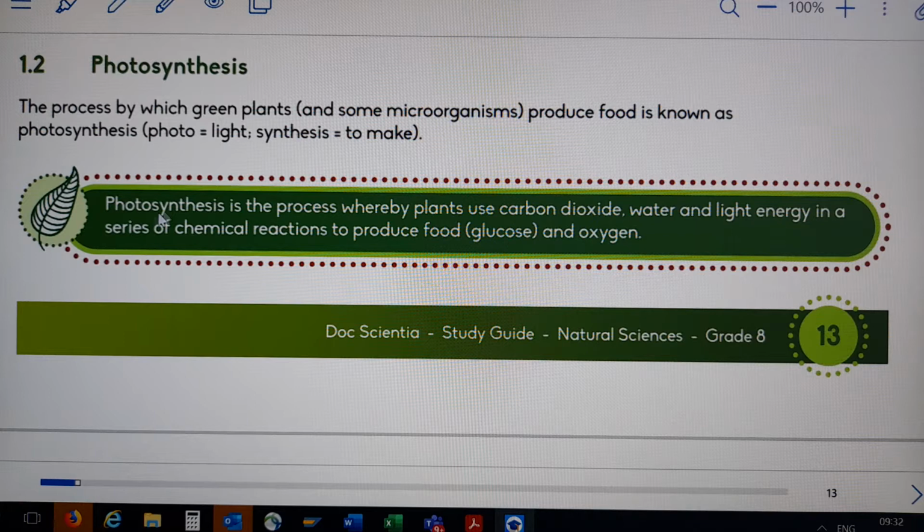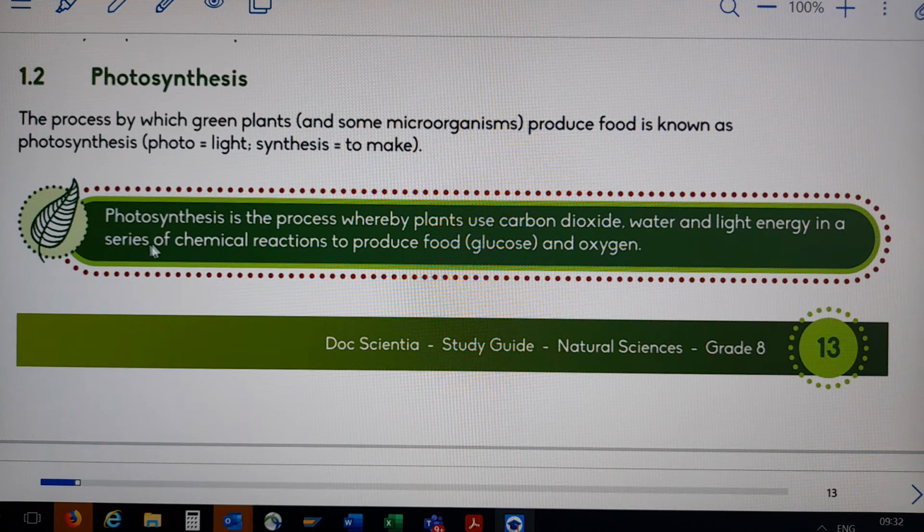Okay, let's start again slow. Photosynthesis is the process whereby plants use what? Carbon dioxide, water, and light energy. Remember, light energy is from the sun, in a series of chemical reactions to produce food.